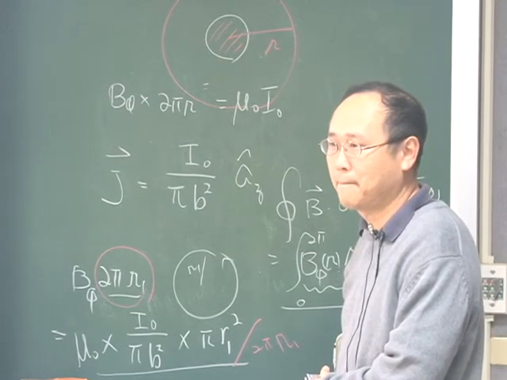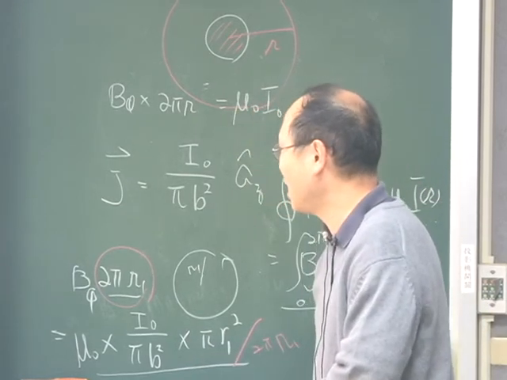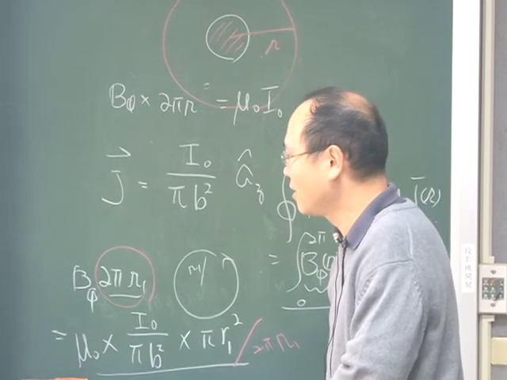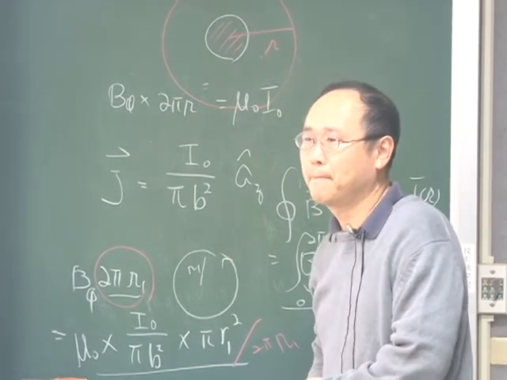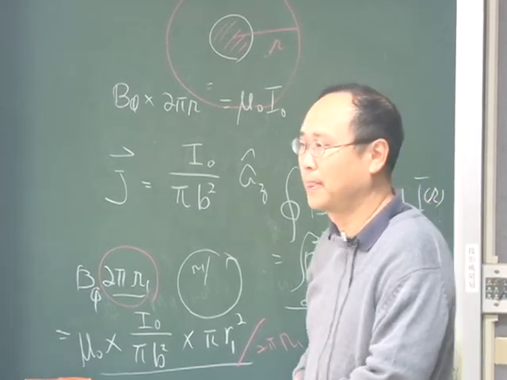OK，有没有问题？所以呢，这个下一个问题就是 R 大于 B 的时候呢，这个 B phi 就是这么大。And this I is the total current.